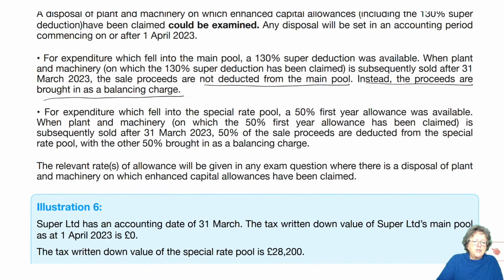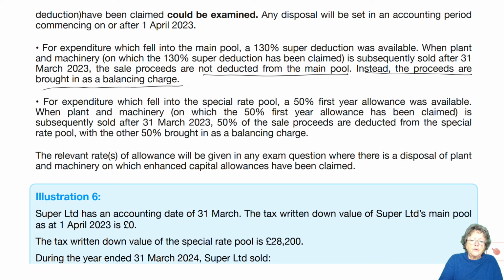For plant and machinery which fell into the special rate pool, where they had a 50% first year allowance, when that plant and machinery is subsequently sold after the 31st of March 2023, 50% of the sale proceeds are deducted from the special rate pool, and the other 50% are brought in as a balancing charge.